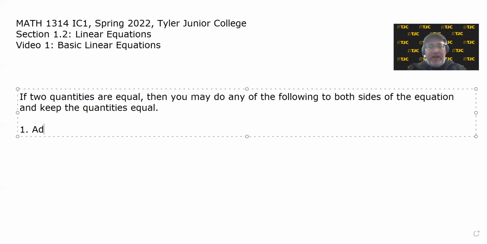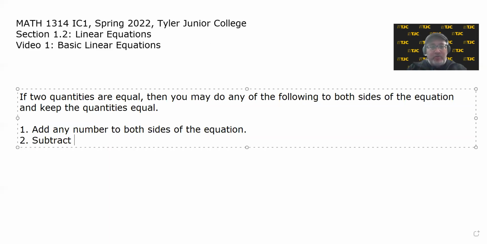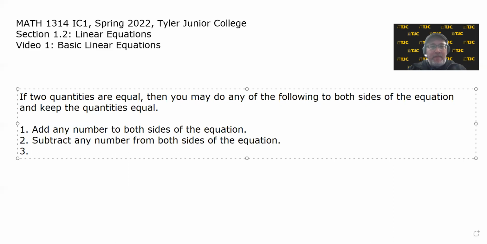Number one, add any number to both sides of the equation. I am great at spelling. I'm horrible at typing. Number two, subtract any number from both sides of the equation. Number three, multiply both sides of the equation by any, and here's a catch, non-zero number.